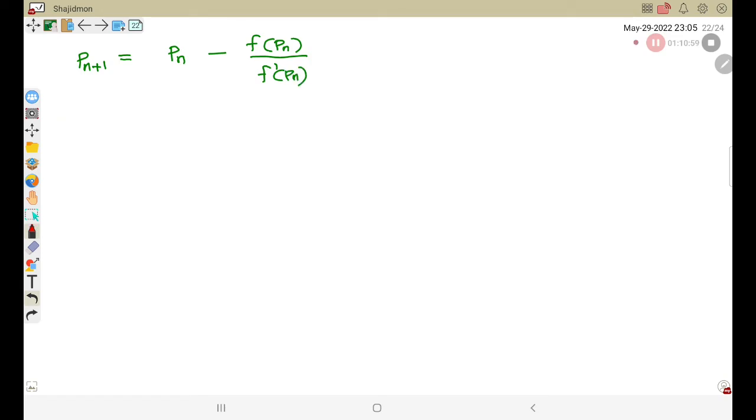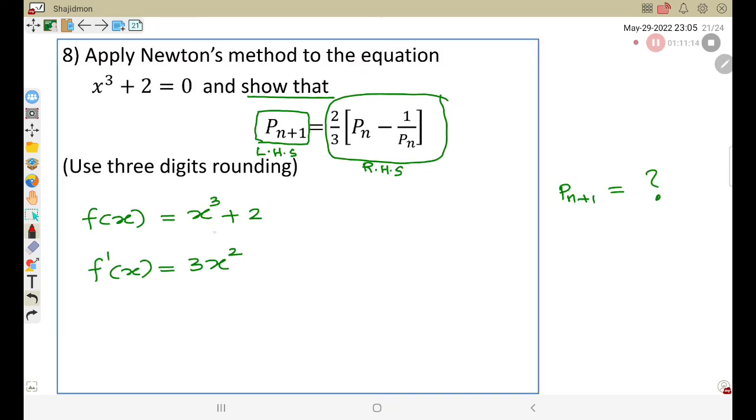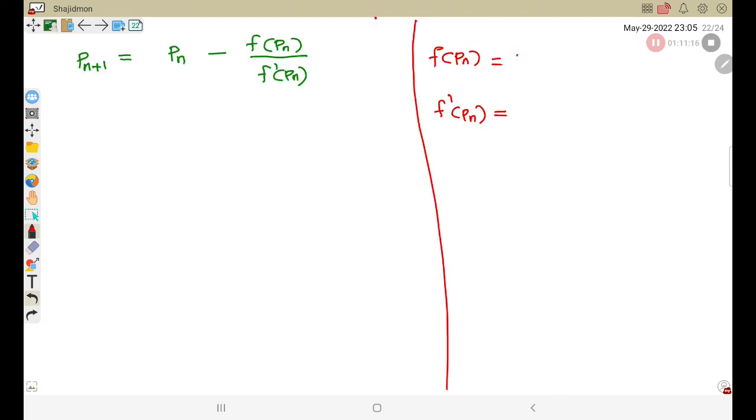Now, we need to calculate f of Pn and f dash of Pn separately. What is f of x here? X power 3 plus 2. So, what will be f of Pn? Instead of x, you need to write Pn. So, x power 3 means Pn power 3 plus 2.